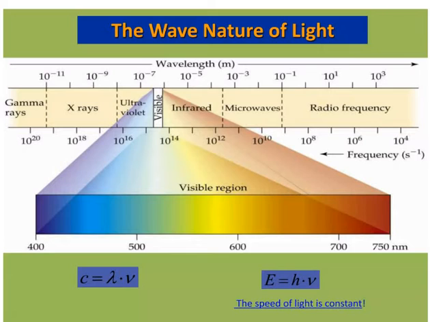Now, the wave nature of light. You can see the visible range is 400 to 750 nanometer. C is equal to lambda nu and E is equal to h nu, where C is the speed of light. So, you know about gamma rays, X-rays, ultraviolet, infrared, microwave, and radio frequency.